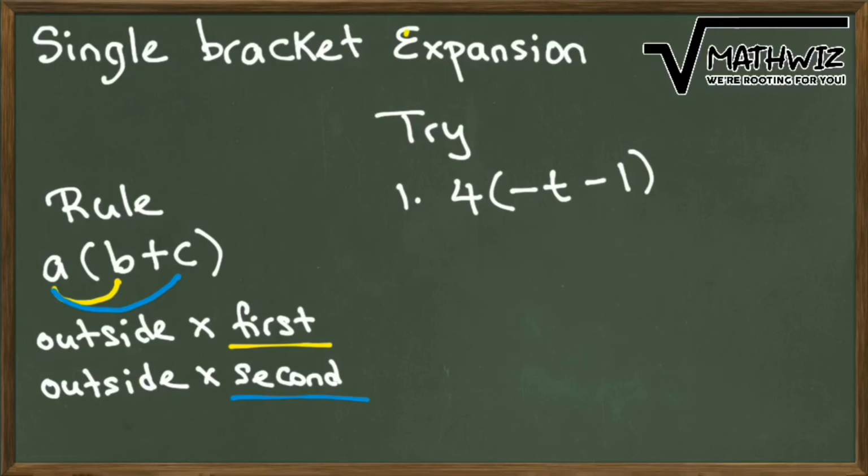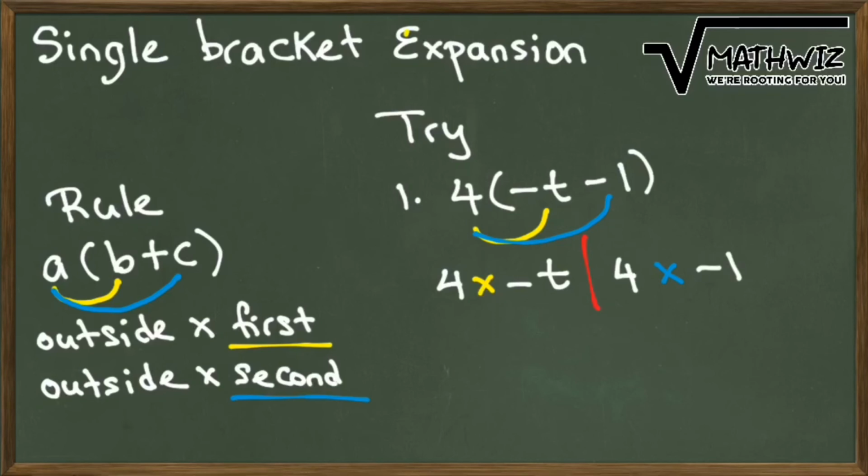So provided you worked out the first one, we are going to take what's on the outside and multiply it by the first on the inside. We are then going to take what's on the outside and multiply it by the second on the inside.